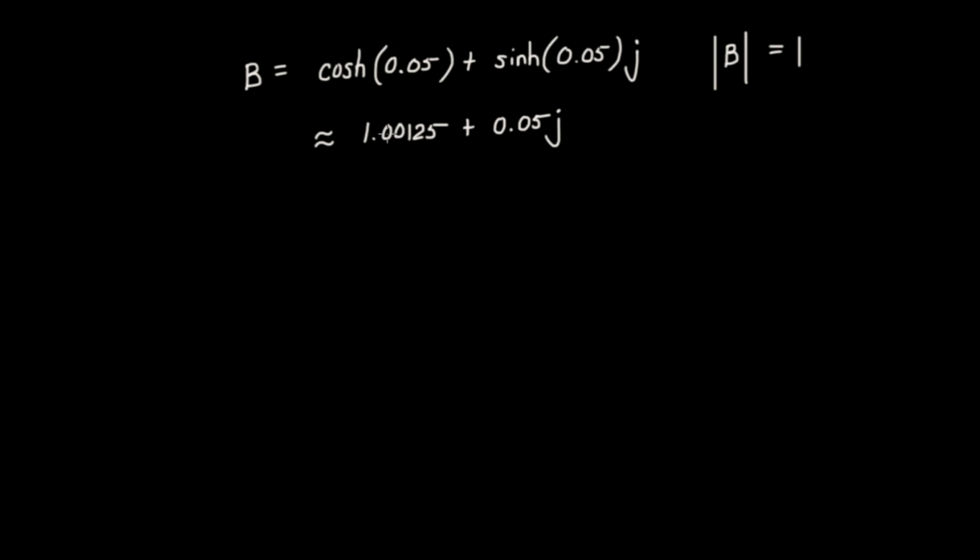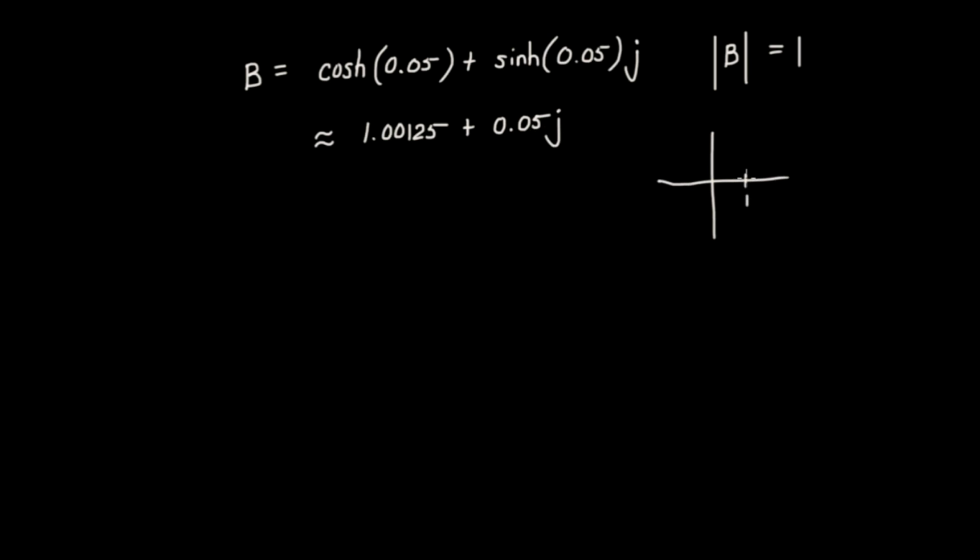And the precise number that I chose to multiply each one of these points by is the hyperbolic cosine, or the cosh, of 0.05 plus sinh, or the hyperbolic sine function, of 0.05 times j, which is approximately equal to 1.00125 plus 0.05j.